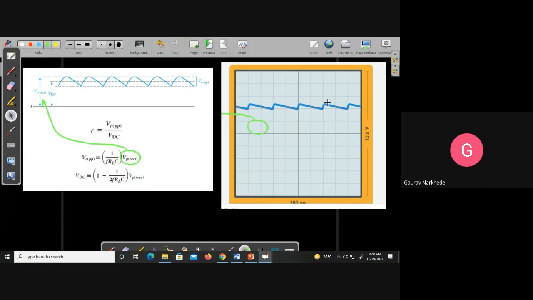Now, can you tell me this value between this point, right? See the lower end. Just take a very thin line.